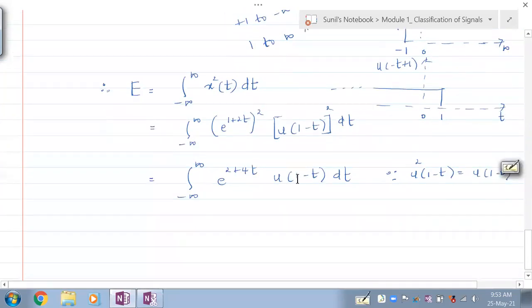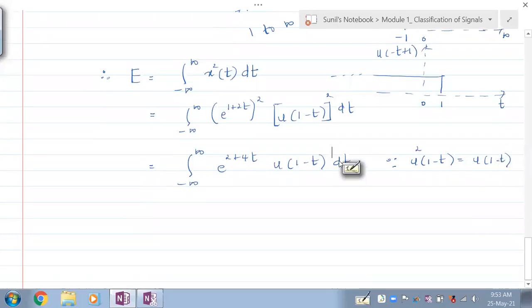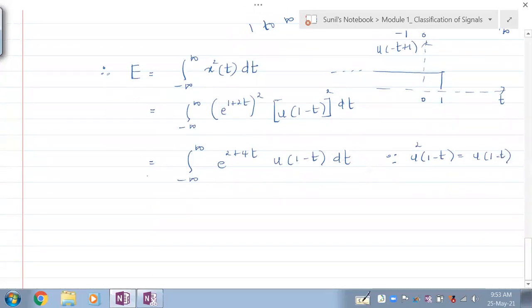Any squared versions of u of t, shifted version, not the scaled version, mind you, any shifted versions of u of t or u of t squared is going to give you the same. You should understand that. Now let's have the range.